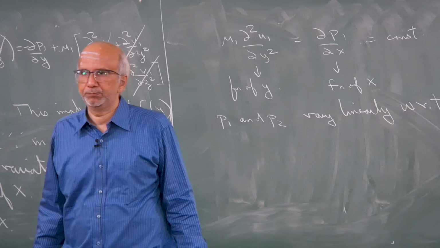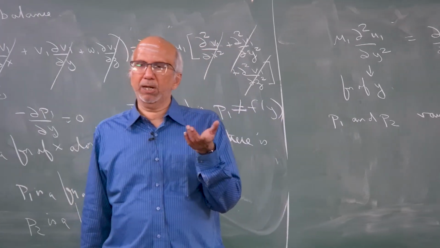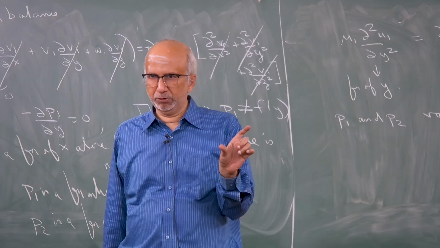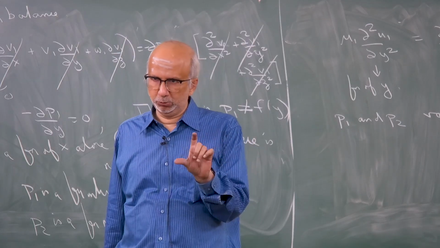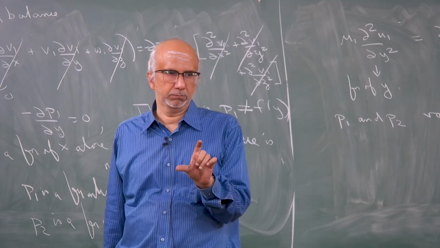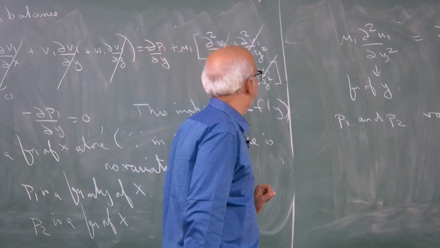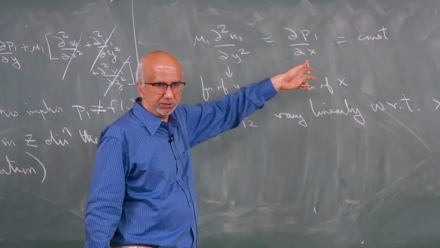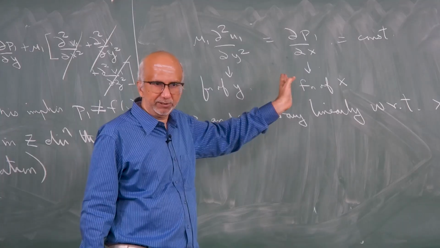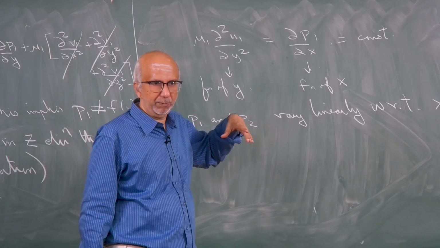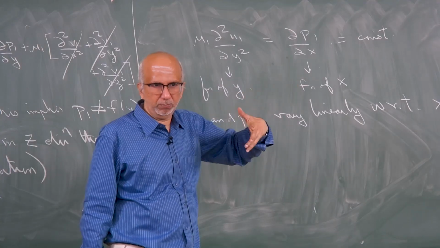So what you need to do is understand that mathematics is giving you some information. How does that translate to a physical insight? So, now because this is a constant, I can treat dp1 by dx as constant. You can integrate this equation 2 times and find out velocity, correct? If it is a function of y, you have a problem, but I showed you it is not a function of y.